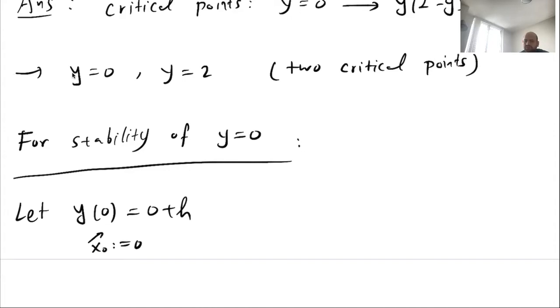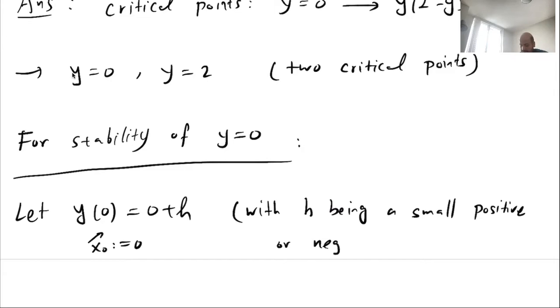So let y of 0 equal 0 plus h, with h being a small positive or negative number.